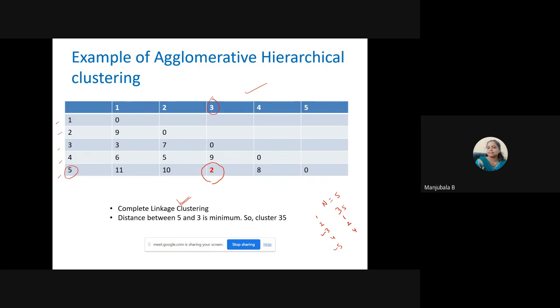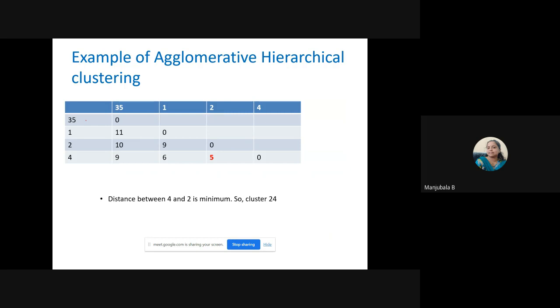Now we'll see how many clusters there will be and how the distance matrix looks, right? So 3, 5 is one cluster, then clusters 1, 2, 4. Again, we have to find the distance matrix: 3, 5, 1, 2, 4. The primary diagonals are all 0 here, so our target is to find the lower part of the primary diagonal. Now, how to find the distance from cluster 1 to cluster 3, 5?